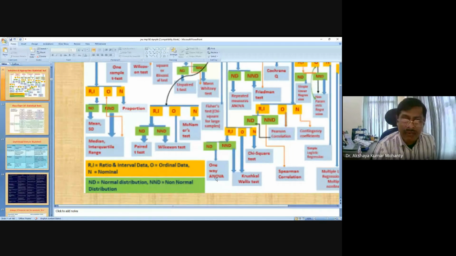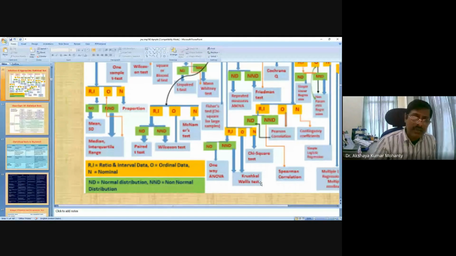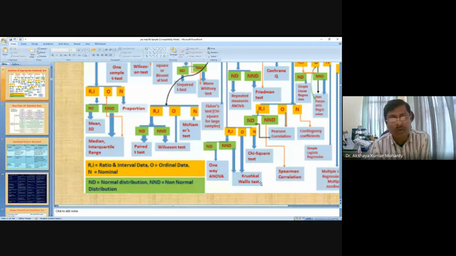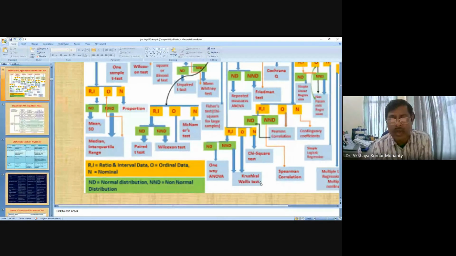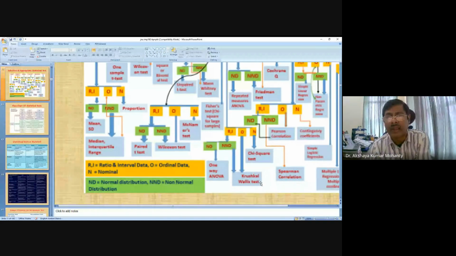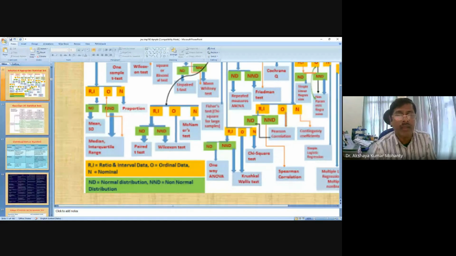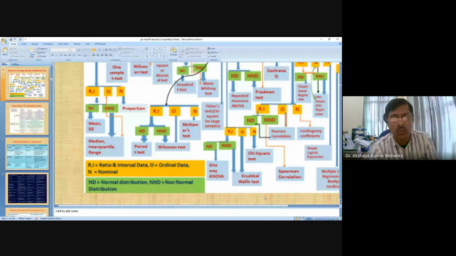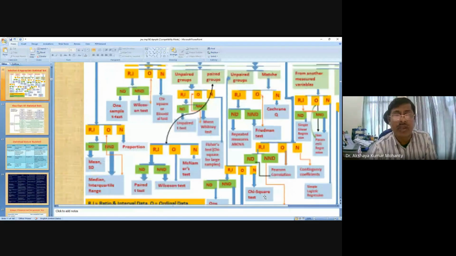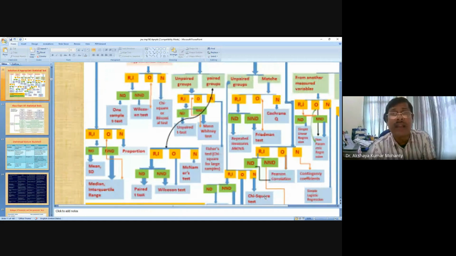So at the end we are concluding whether we use a parametric or non-parametric test with respect to the scales of the data. There are 4 scales: ratio, interval, ordinal and nominal. With respect to that, we think about whether it is one group, two groups, or three or more groups, and paired or unpaired.